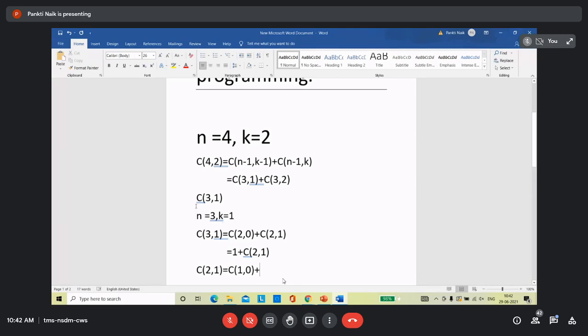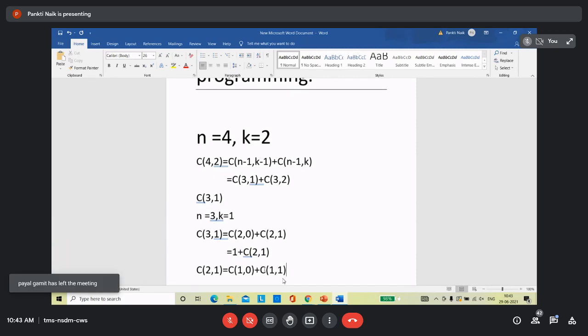Right? For this, write it again like this: n equals 2, k equals 1, then C of 2, 1 is equal to C of n minus 1, k minus 1 plus C of n minus 1, k. So you will get C of 1, comma 0 plus C of n minus 1, that is 1, and k.